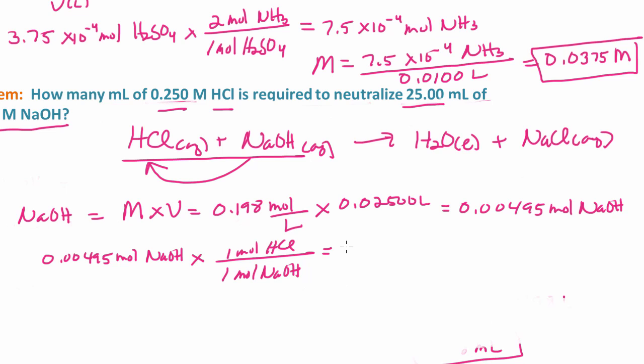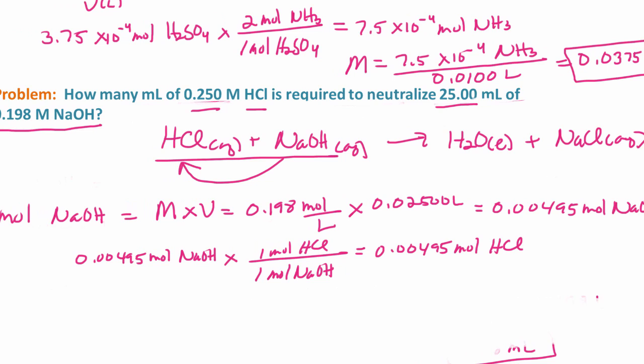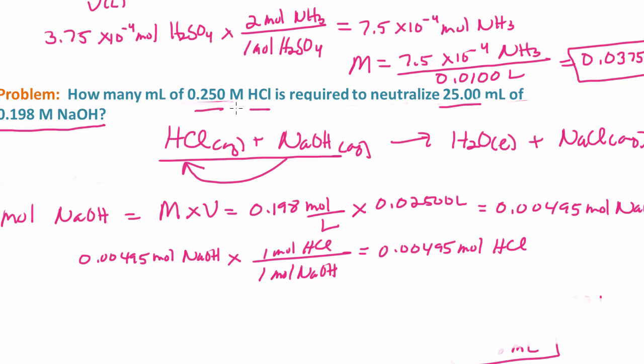So because it's a 1-to-1 mole ratio, the number of moles of HCl is the same. So anyway, I was given the molarity of the HCl, and I determined the number of moles. They want to know how many milliliters of the HCl I need.